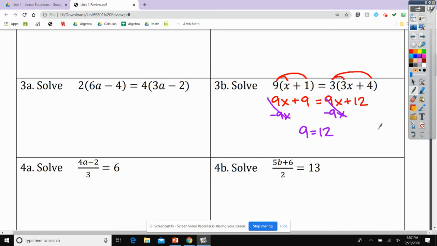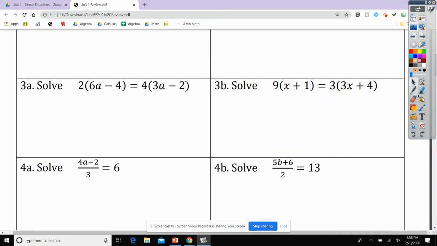And remember what we said in class, if your variables completely cancel out, you're either left with no solution or infinitely many solutions. And since 9 does not equal 12, these are not the same number, the answer would be no solution. If these two numbers were the same, our answer would be infinitely many solutions.